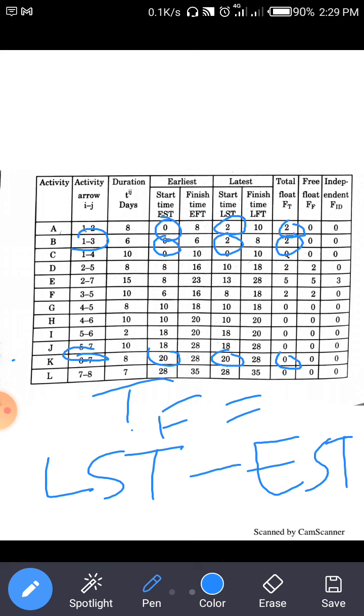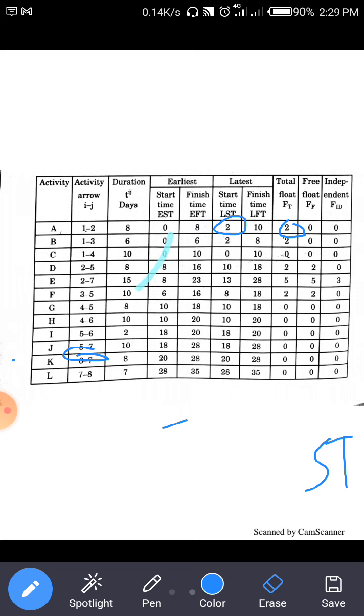So these are the simple and basic steps for finding the total float from the latest starting time and earliest starting time.